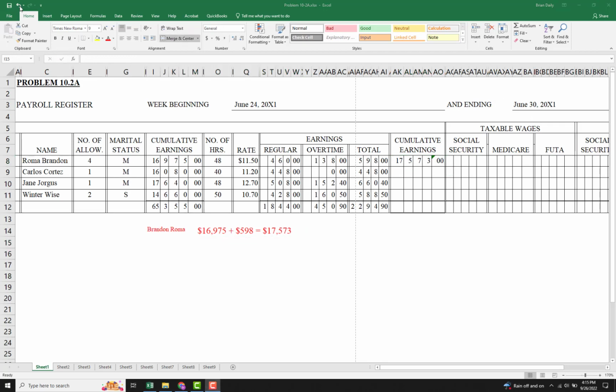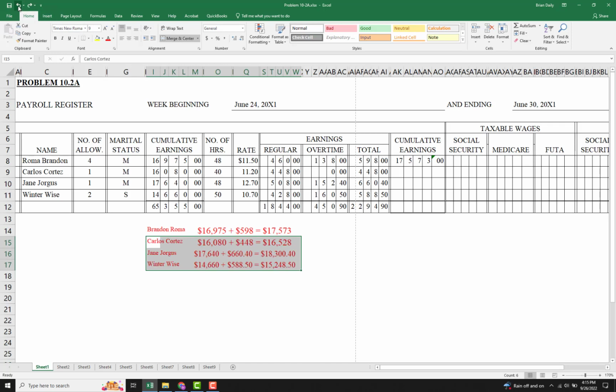Then we follow a similar process for the remaining 3 employees to get their cumulative earnings after this week's pay, and then we also place that into the table. And finally, we would sum those 4 totals to get the total cumulative earnings of all employees through the end of this pay period.